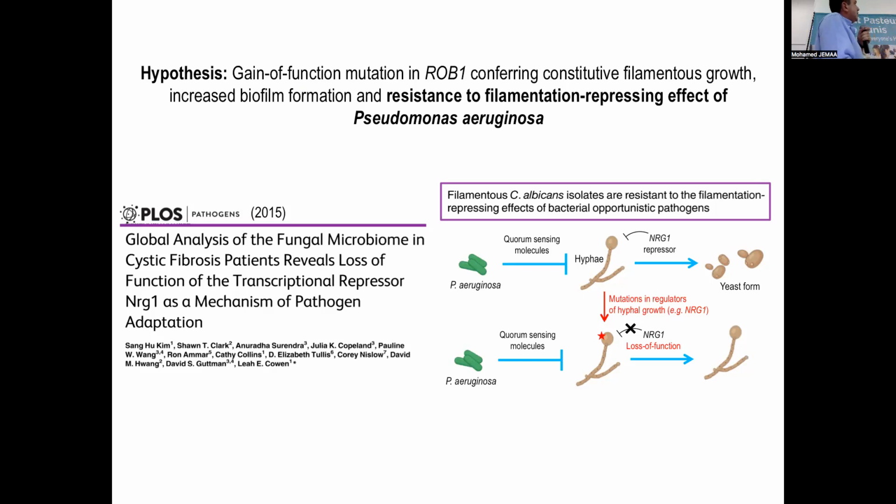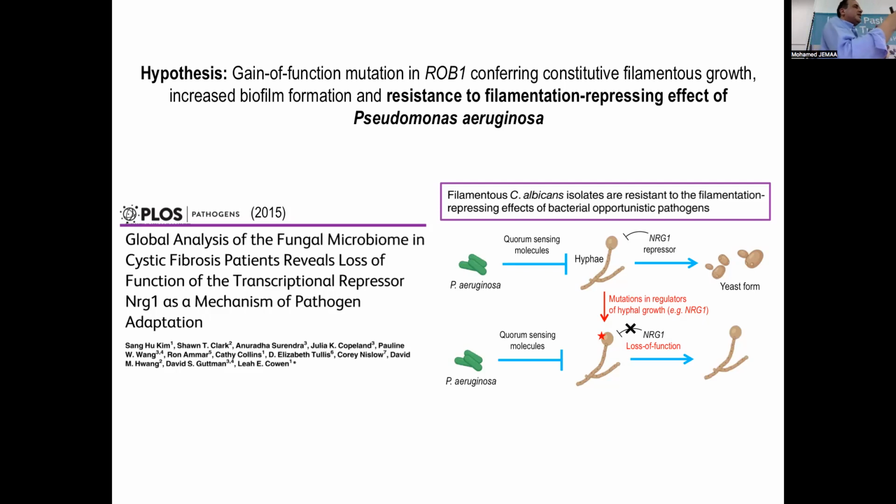This is a previous work performed by the group of Leah Cowan in Toronto, where she showed that loss of function of a repressor, in this case a transcription factor repressor, could activate constitutive hyphal development and allow Candida albicans to resist growth inhibition by Pseudomonas, because we are in the context of competition with Pseudomonas aeruginosa.